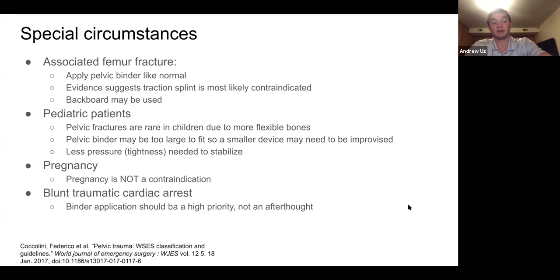And so most of the time, these blunt traumatic cardiac arrest patients aren't going to respond to medications or electricity like most cardiac arrest patients would.